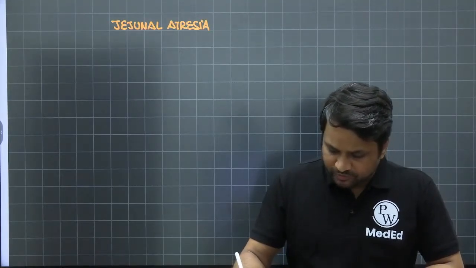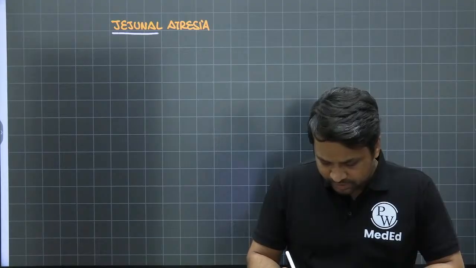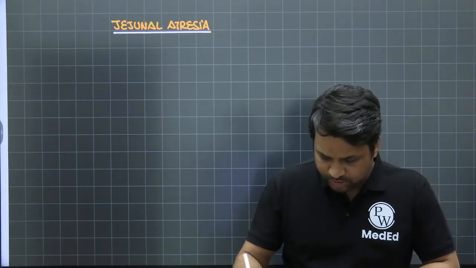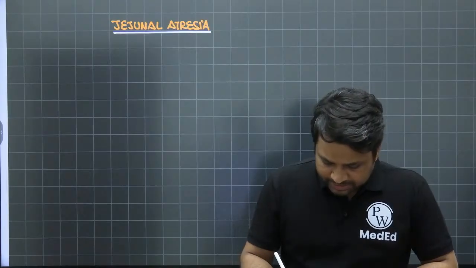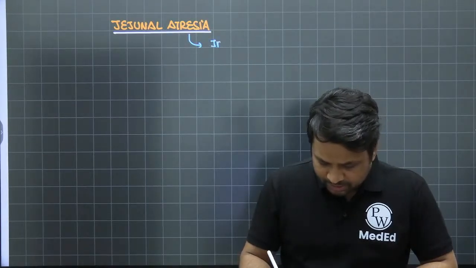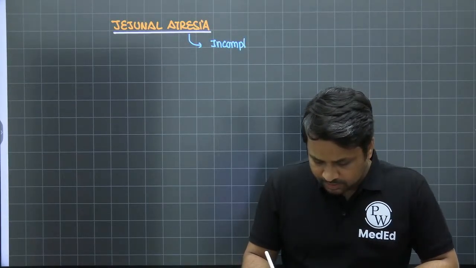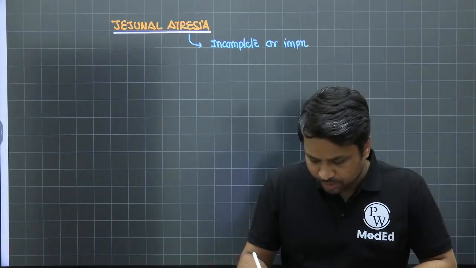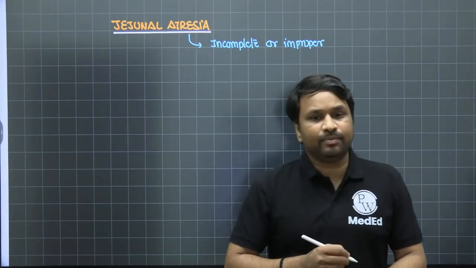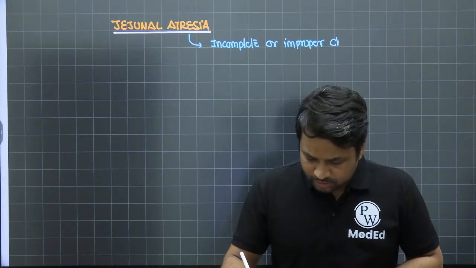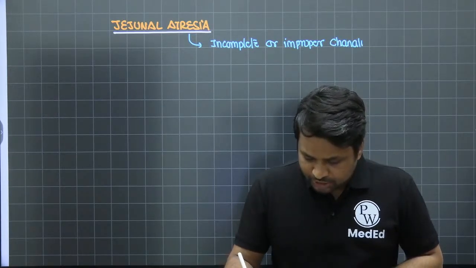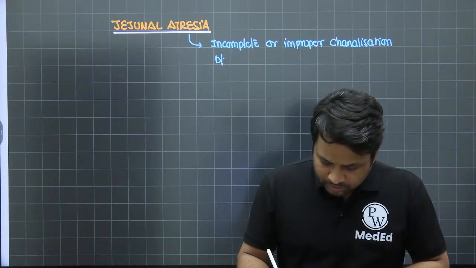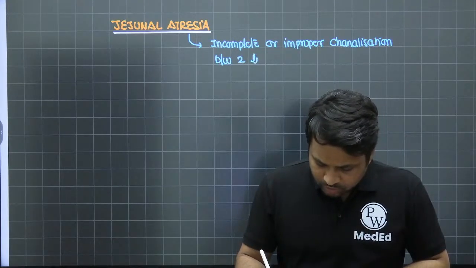Whenever I say the word atresia, it basically means an incomplete or improper channelization between two lumens.